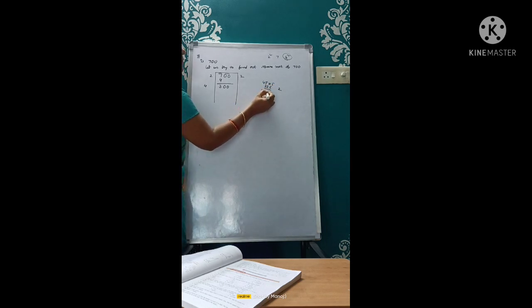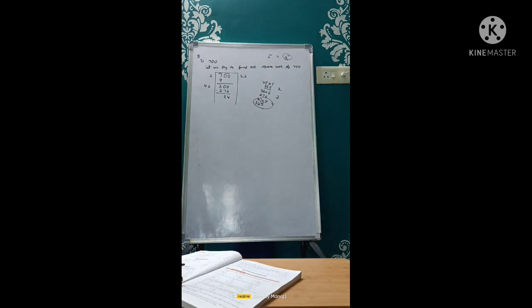Also check 46 into 6. 6 6s are 36, 6 4s are 24 plus 3, 276. 47 into 7: 7 7s are 49, 7 4s are 28 plus 4, 32. So it is not possible. So this one, 276. 300 minus 276 is 24.